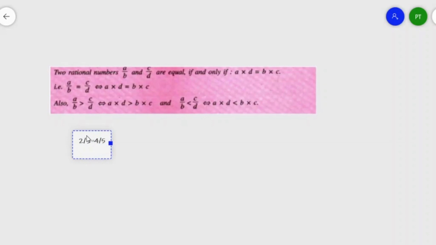We have to multiply A times D and B times C. So here A and D are 2 and 5, and B and C are 3 and 4. So let's multiply 2 times 5 and 3 times 4. 2 times 5 is 10 and 3 times 4 is 12. Therefore, we know that 10 is less than 12.